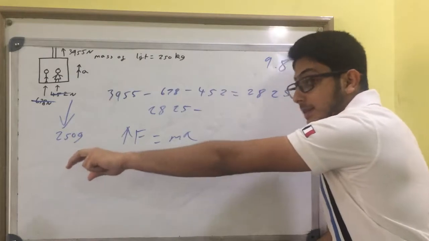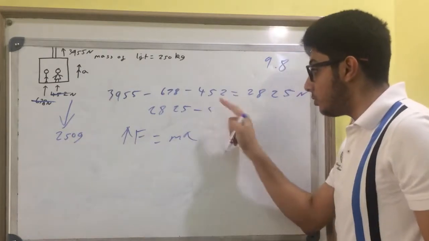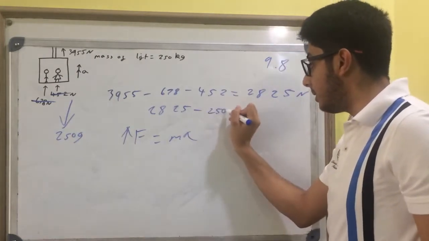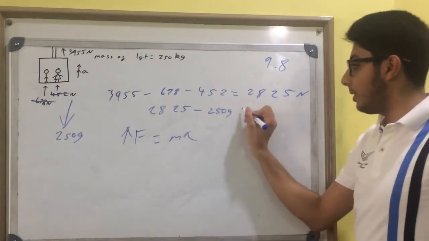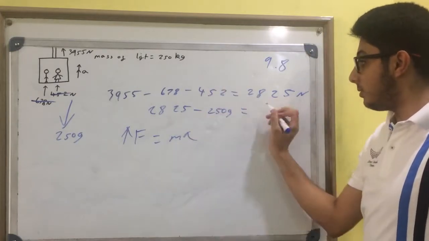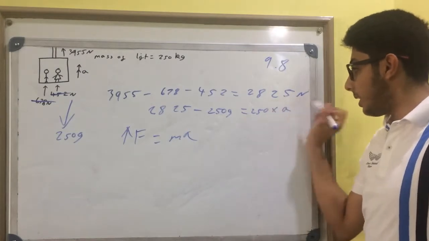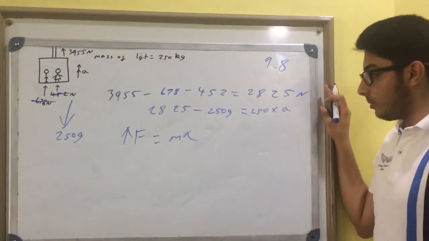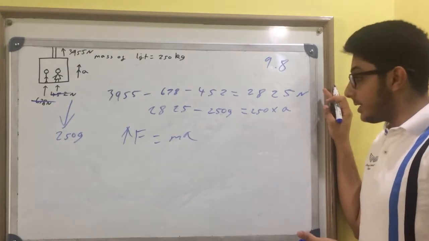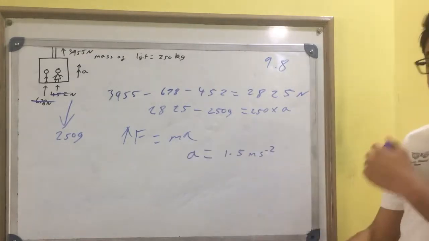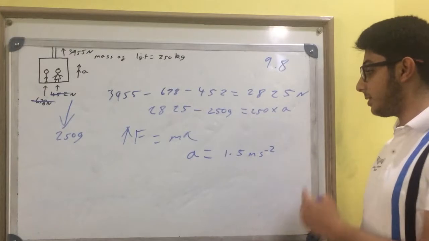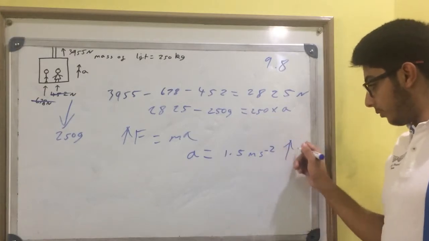The weight is going down. So 2,825 minus 250g is equal to the mass of the lift, 250, times the acceleration. Rearrange that, simplify it, you get acceleration is 1.5 meters per second squared upwards.